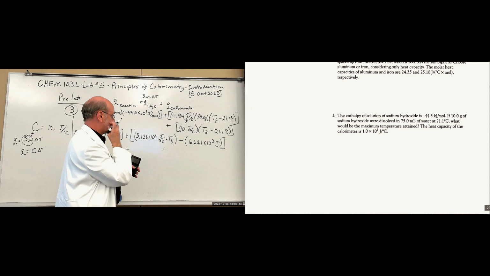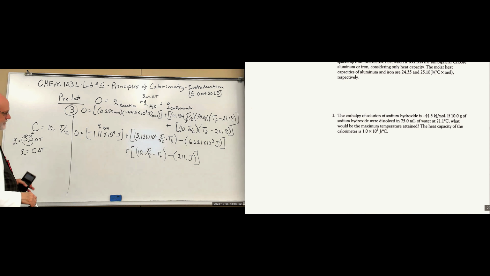Okay. Now we need the calorimeter term. The calorimeter term is going to be distributed out in this and that. So we're going to have this term, 10 joules per degree C times TF.